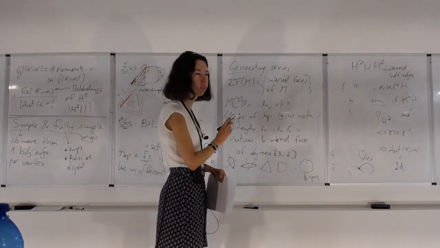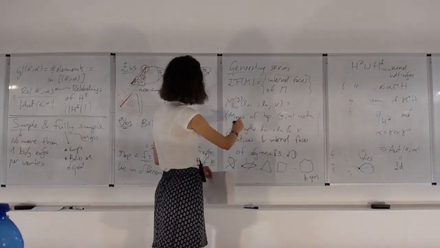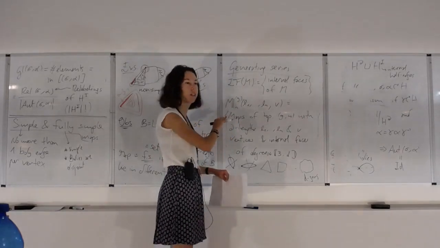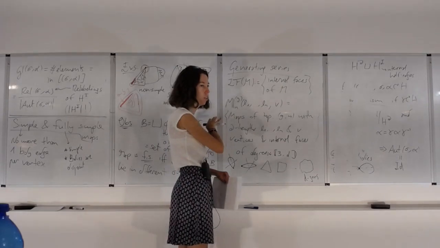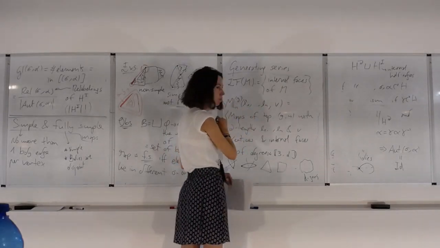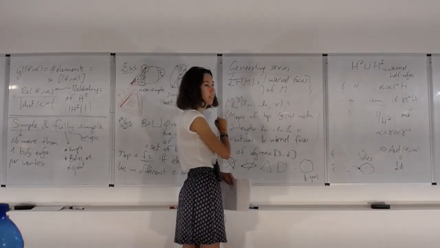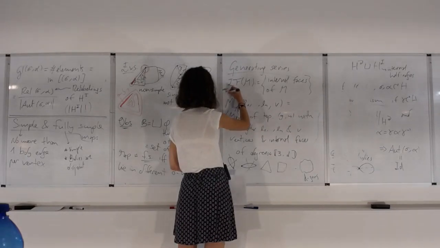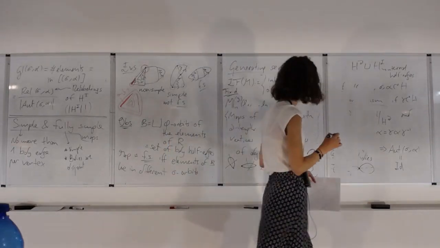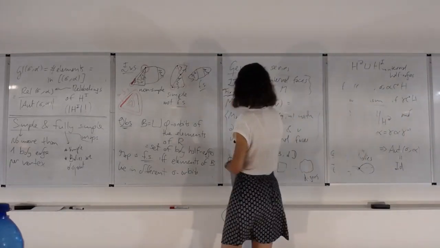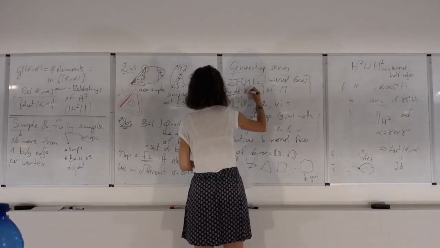You mean that I didn't put D here? Yes. Okay, we could maybe add D as well. But you fix D for each generating series? Yes. We fix D, some integer bigger or equal than 3.